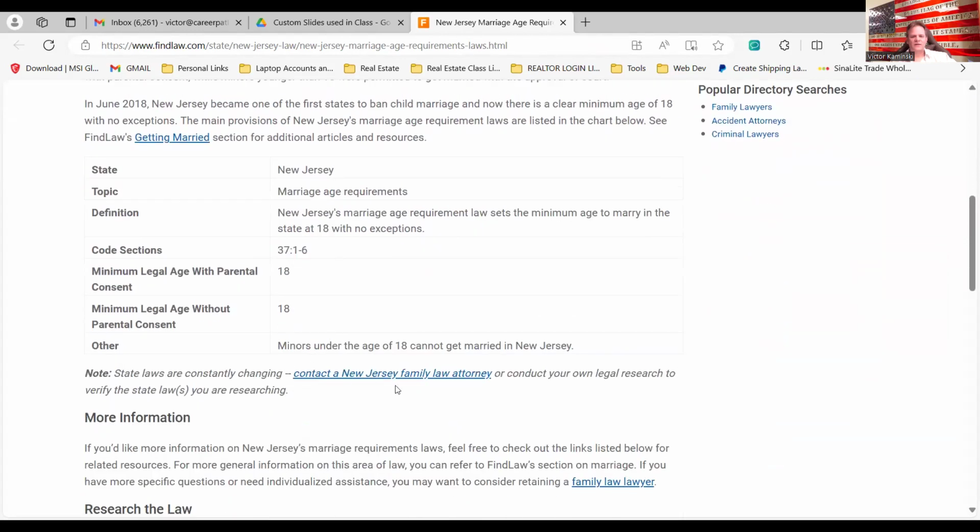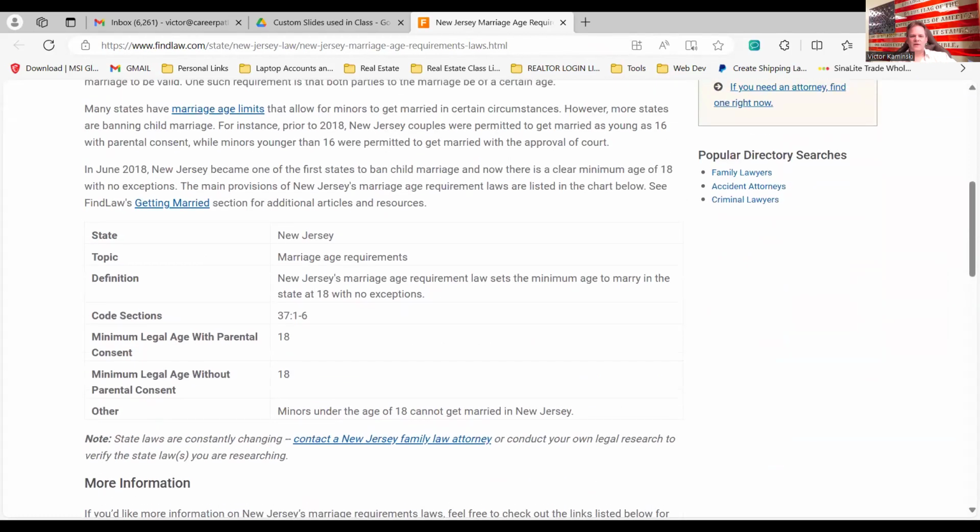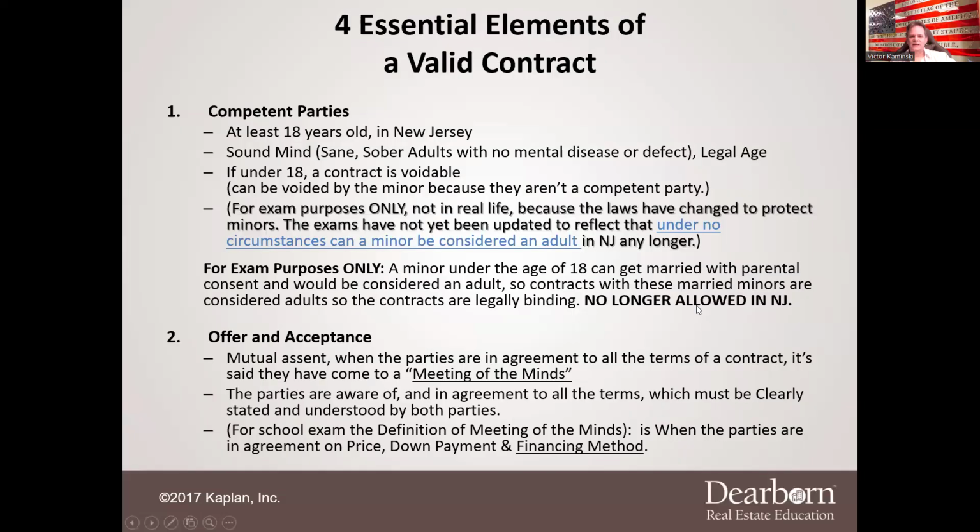All right, so basically, under no circumstances, even with parental consent, can a minor get married in New Jersey any longer. However, there may be exam questions on this, and the exam question, if it asks, a child under the age of 18, if married, can be considered an adult, and the contracts can be legally enforced against them. Okay? But in real life, that's not the case anymore.